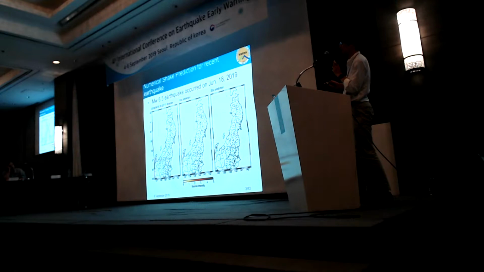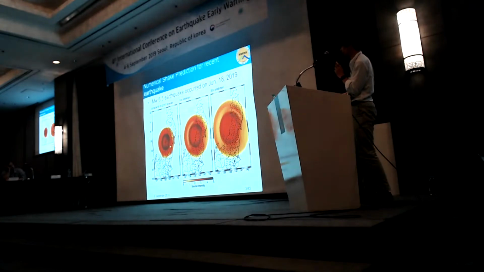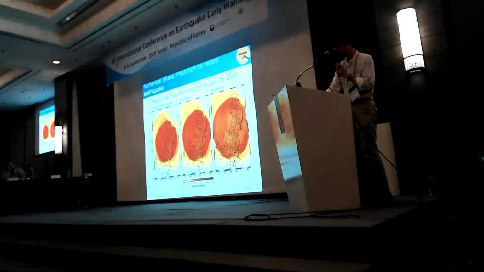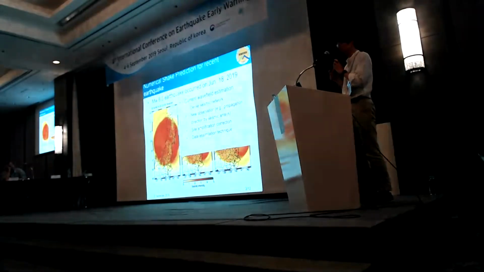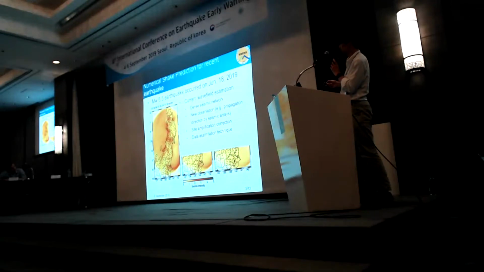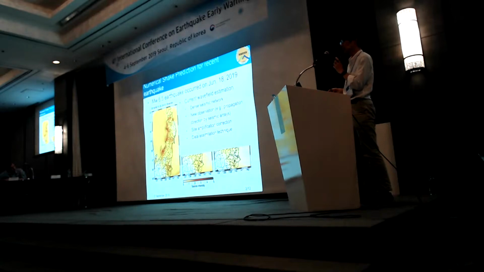At this time, even if you don't know where the epicenter is, you can see that the strong ground motion propagates north and south in the analysis. Then the prediction reflects such a feature. To improve the prediction precision of the numerical shake prediction, there are two key topics. One is to improve the estimation of the current wave field. For this purpose, I think that a dense seismic network is very important.